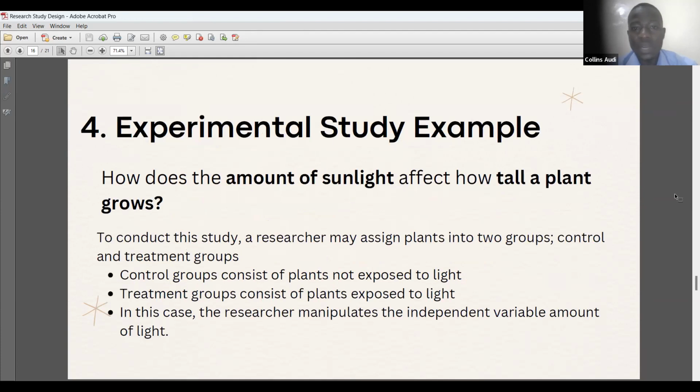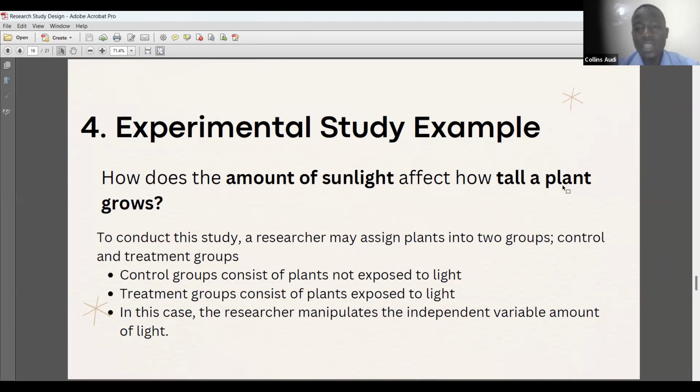An experimental study example: how does the amount of light affect how tall a plant grows? We have two variables here. The amount of light is the independent variable.